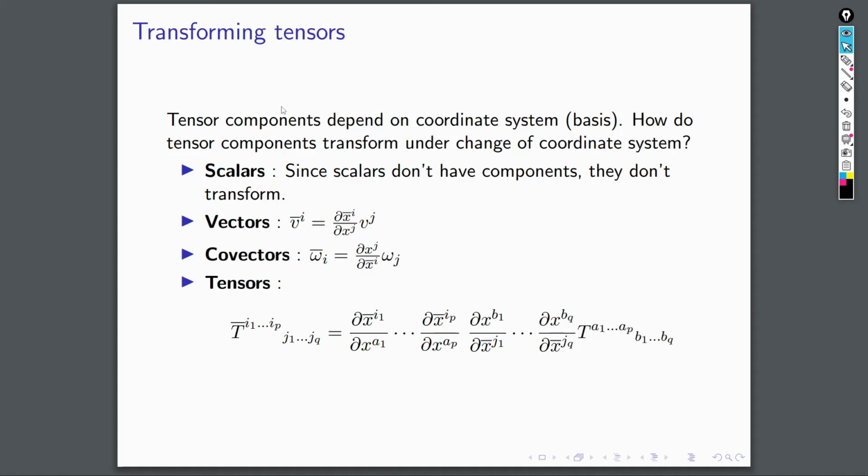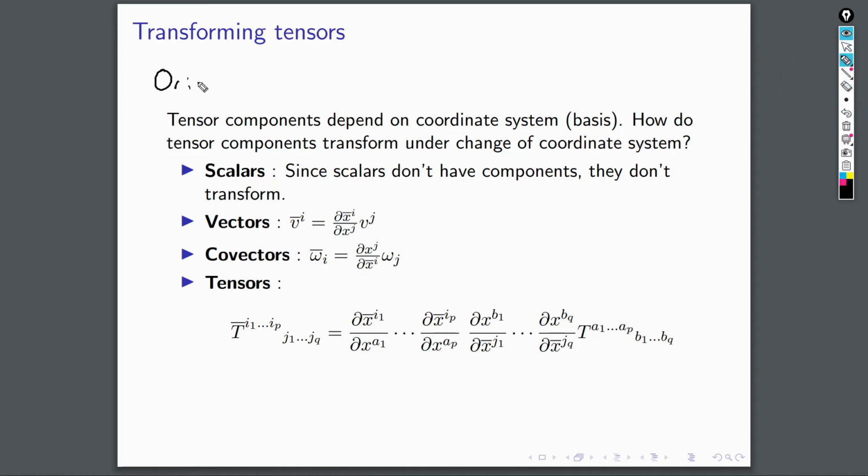Basically, scalars don't have components because they're rank 0 tensors, so they don't transform. Vectors, they transform this way. So they transform with the bar on the top. I should probably be more clear about this.